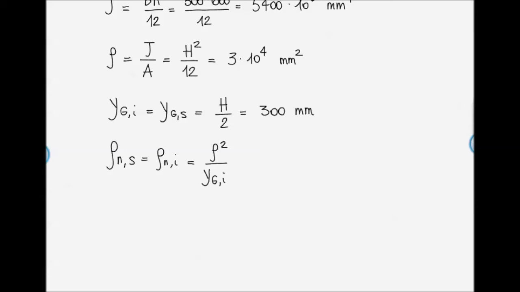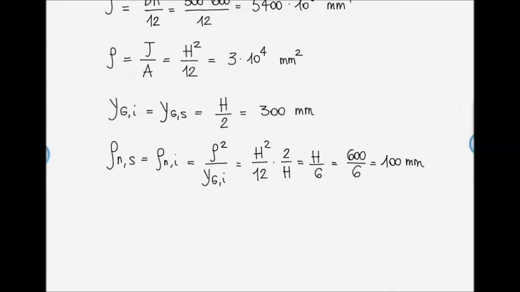It's the same since they are equal. That is H squared over 12 by 2 over H. That is H over 6, equal to 600 over 6 equal to 100 millimeters.